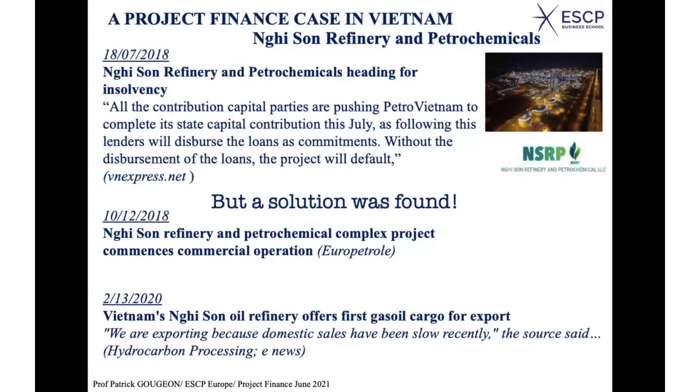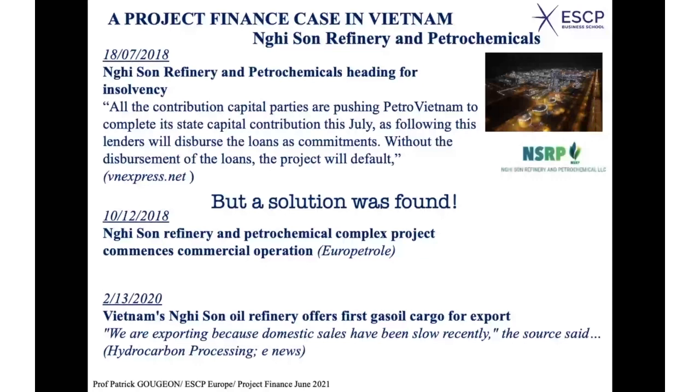And finally, in 2020, Vietnam's Nhi Son Oil Refinery offers first gas oil cargo for export. "We're exporting because domestic sales have been slow recently," the source said. So you see, here also you can realize that there was another problem, which was probably a wrong estimate of the local sales, so that in the end, an effort had to be made to export abroad.